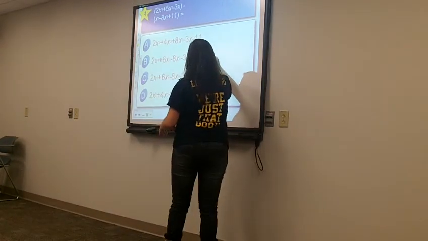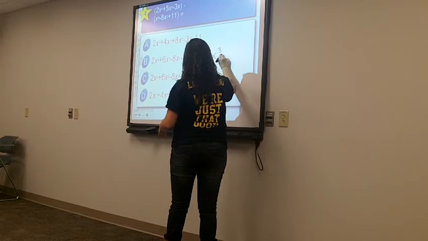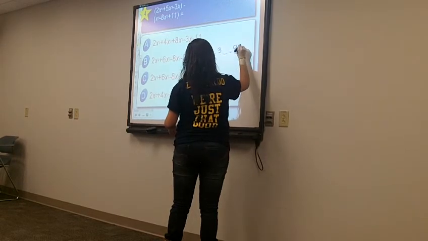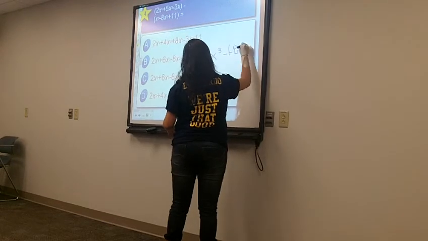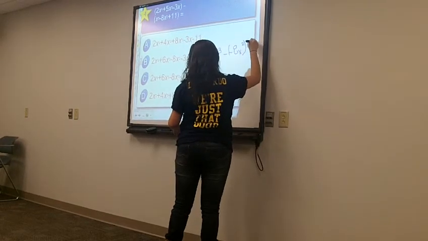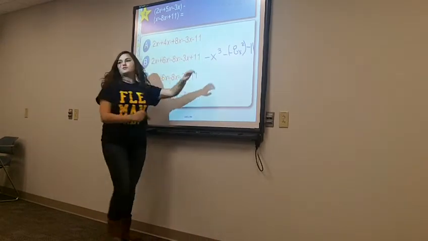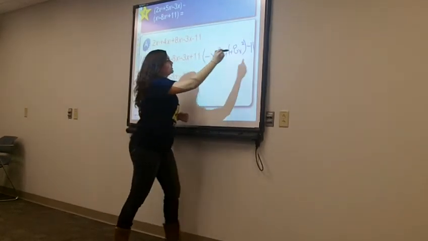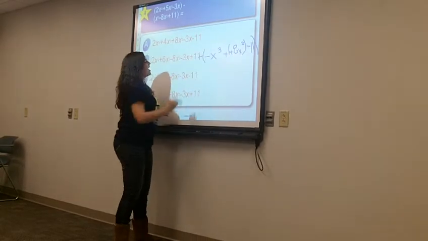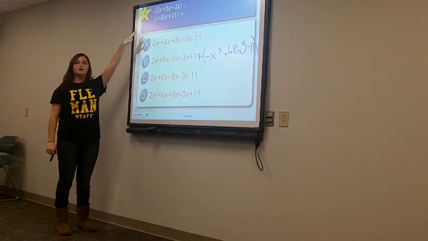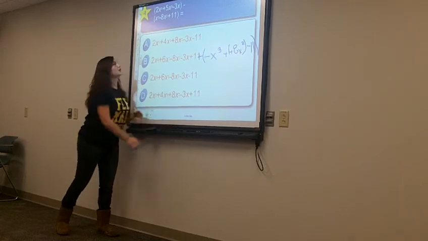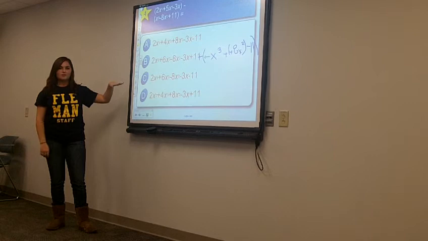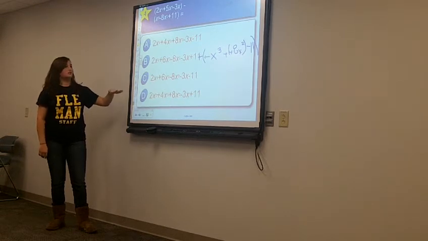So you're going to go negative x cubed minus 8x squared, and then minus 11. So when you have two negatives, it becomes a positive, and then you can just add this to your original term. So basically when you're subtracting a polynomial, you can easily turn it into an addition problem and then just do it the way we learned originally.